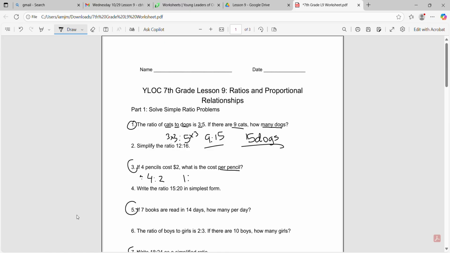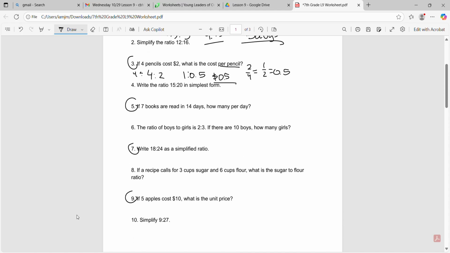But if we change something on one side, we also have to do it for the other side, which means we have to divide 2 by 4. Let's put that into fraction form: 2 divided by 4, simplify that, 1/2. 1 divided by 2 is 0.5. So the cost per pencil is $0.5.